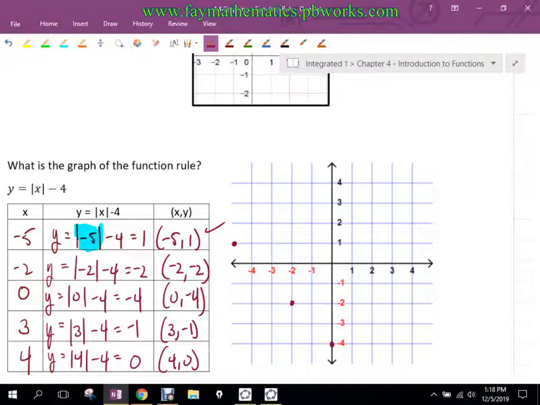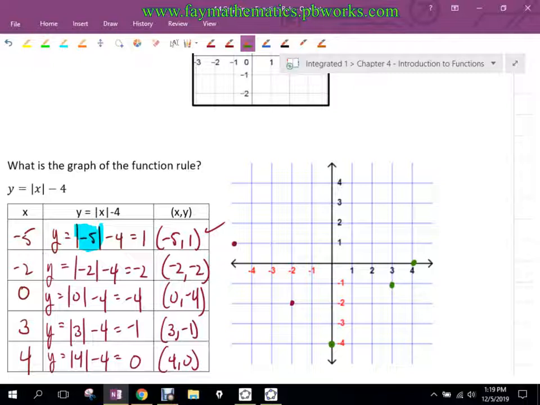Okay? But I'm not going to connect that line yet. Because now when I go 3, negative 1, that one there, and I go 4, 0, that one there, do those green points look like they fall in a line? Yeah, they do.